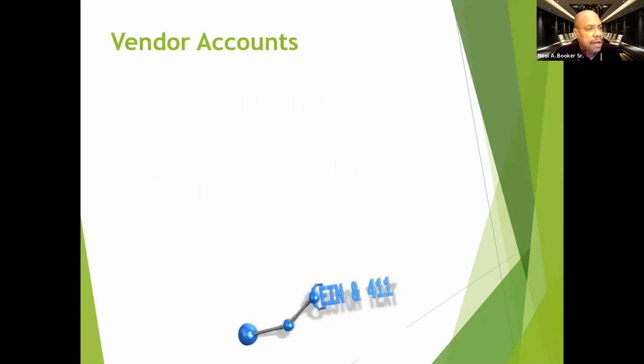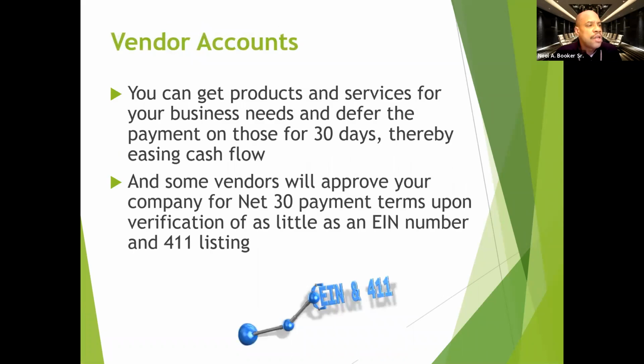All right, so I explained all that. You can get products and services for your business needs and defer the payment of those for 30 days, thereby easing cash flow. And some vendors will approve your company for net 30 terms upon verification of as little as an EIN number and a 411 listing.